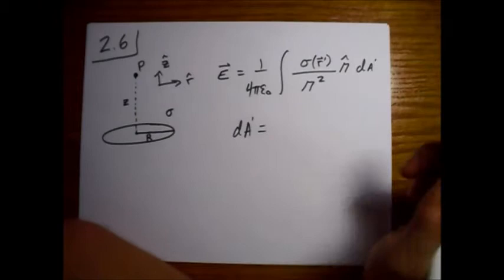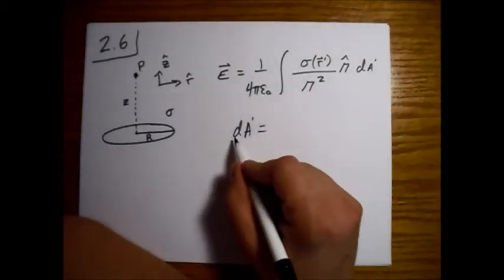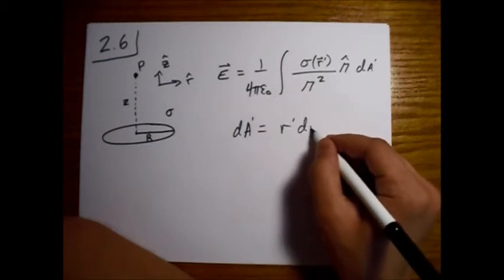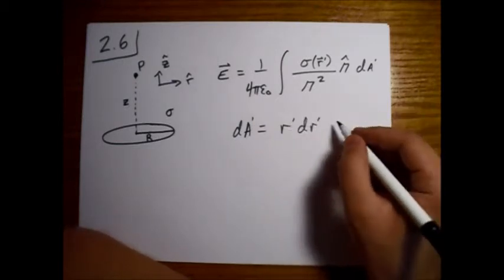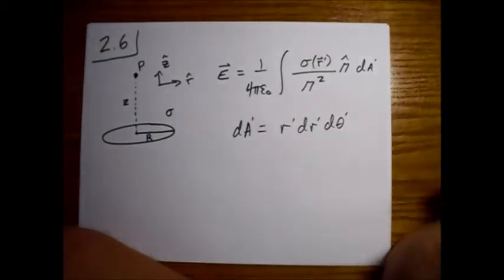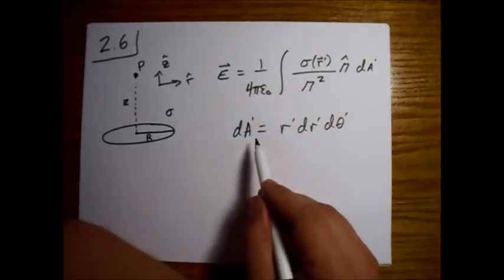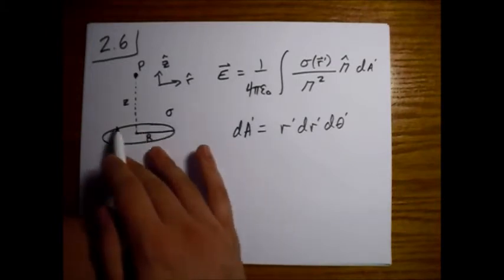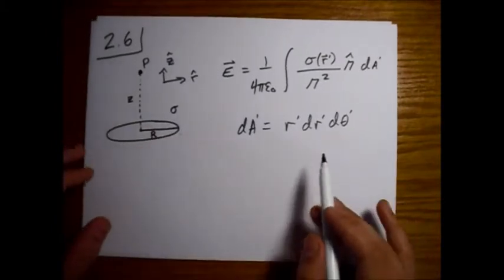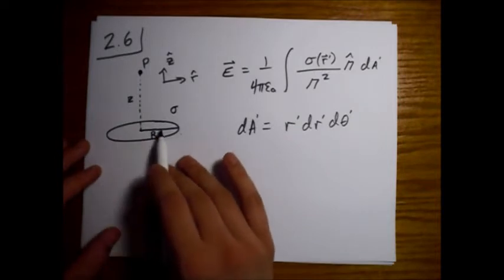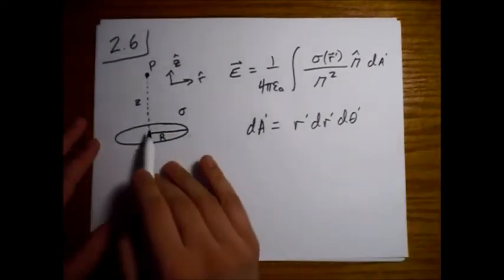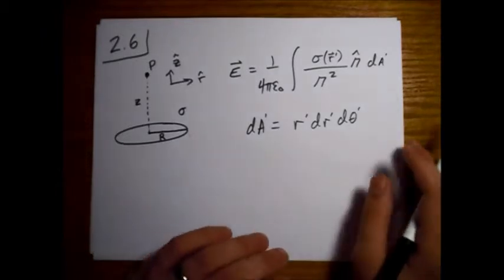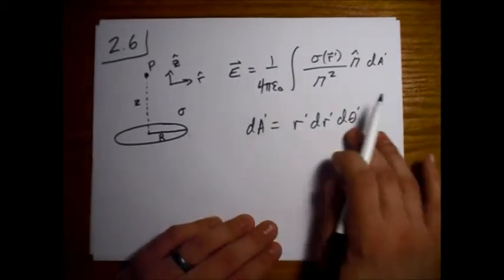So it's just r prime times dr prime, times d theta prime. The primes mean we're talking about these source points down here. It's the distance r out from this center, and then we'll have a theta prime going around. So that's our differential area element.